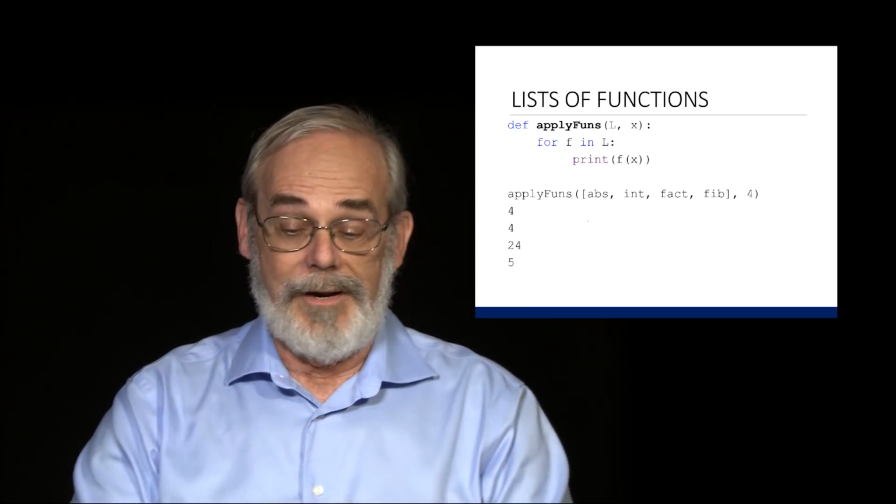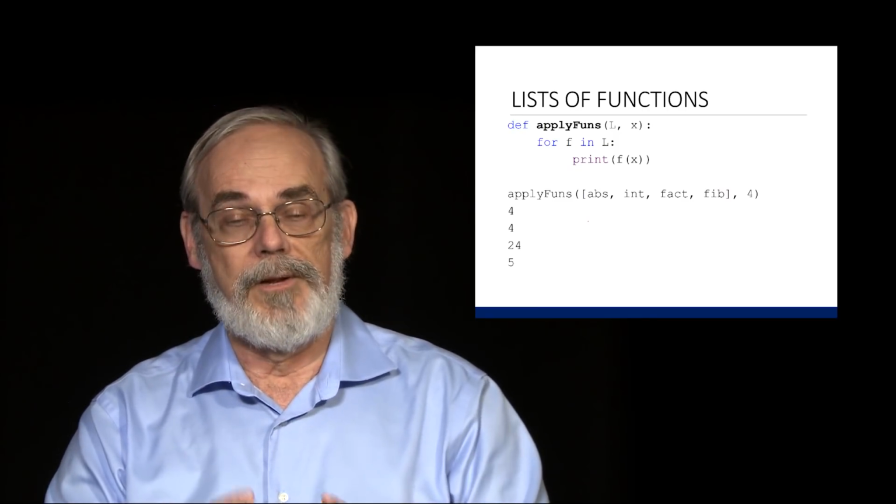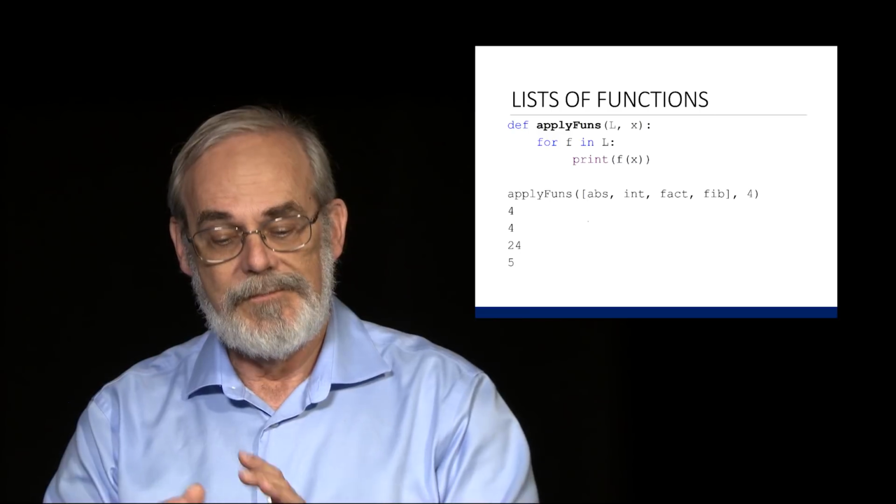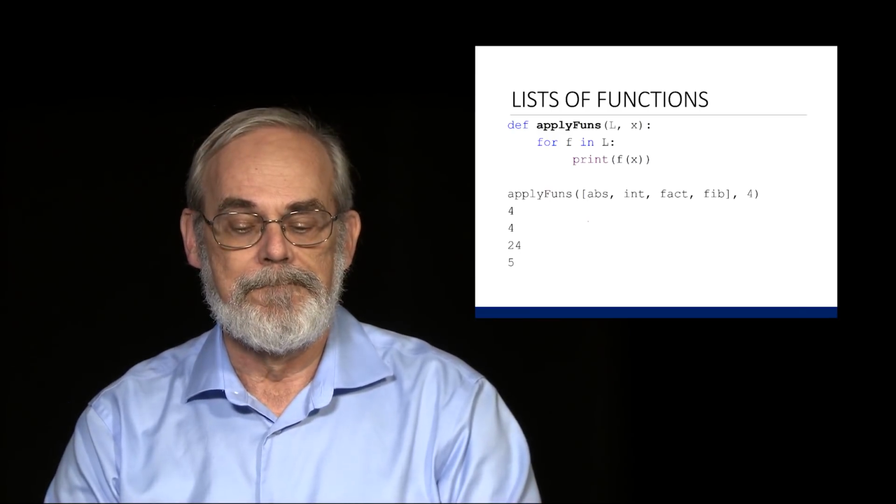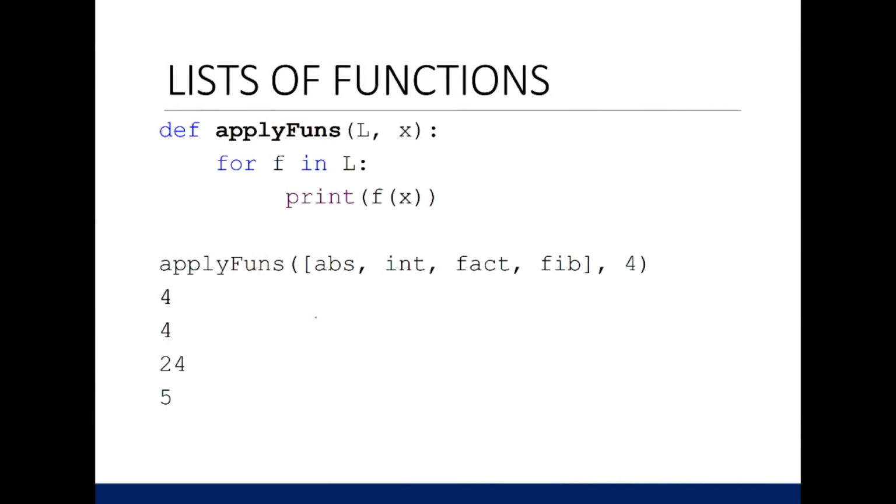I could do it the other direction, which is I could apply a list of functions to a number. Again, I can loop over that list, and in this case, apply functions is assuming that L is a list of functions. And it loops over it. It says for each element of that list L, apply it, assuming it's a function, to the argument x, and print out the result.